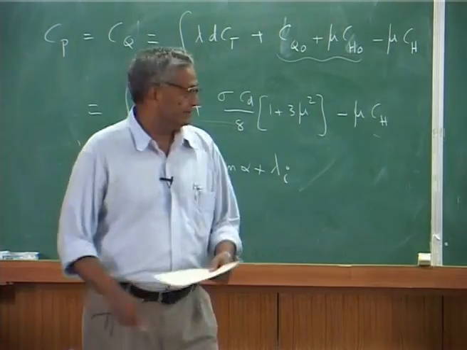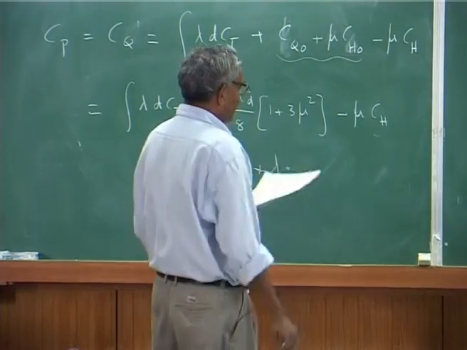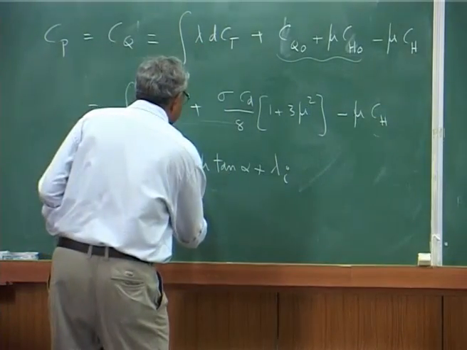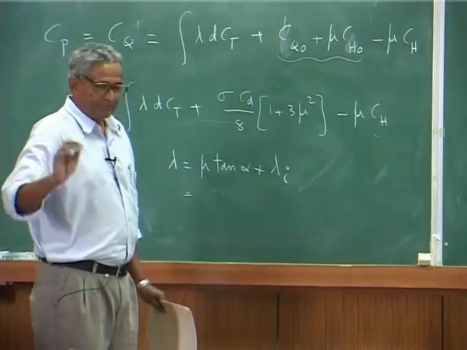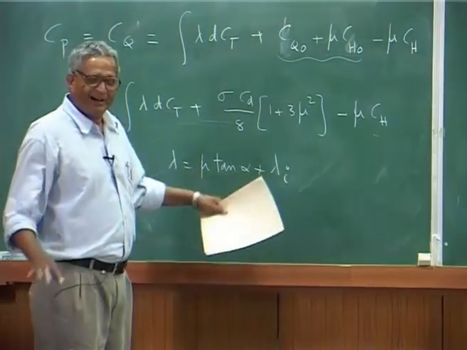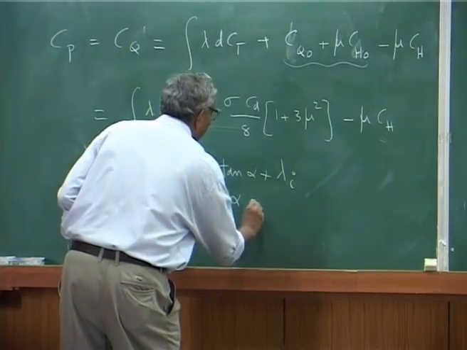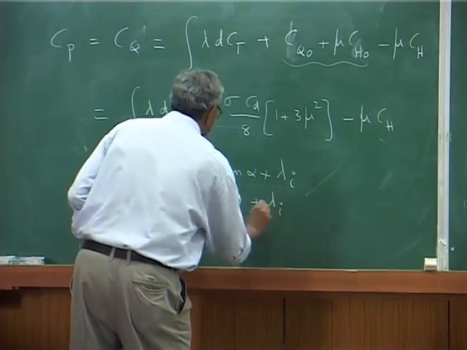Here I will take alpha as small, so mu alpha plus lambda I approximately.